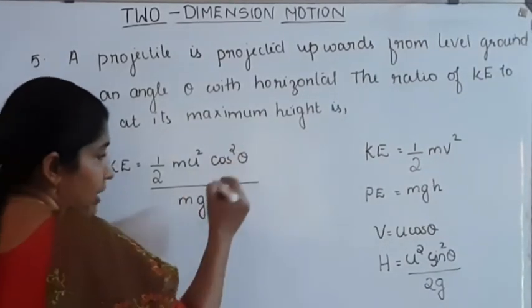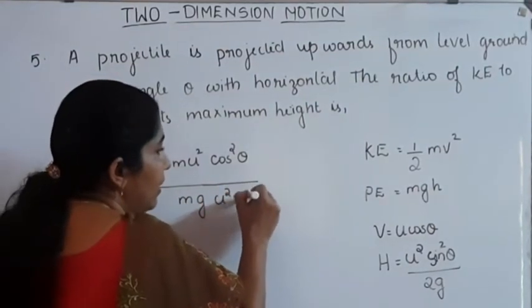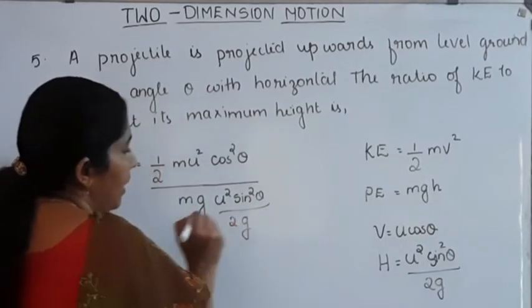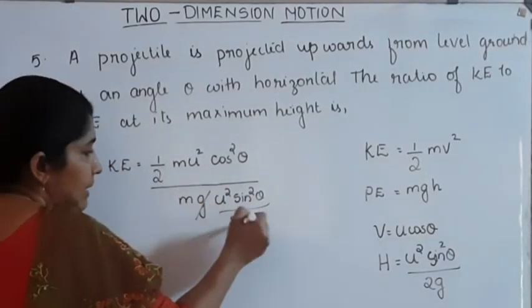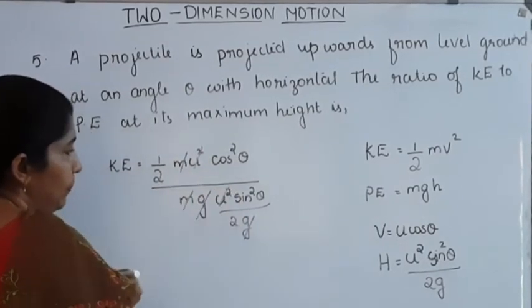Then on substituting that value, we can cancel g, m, u square.